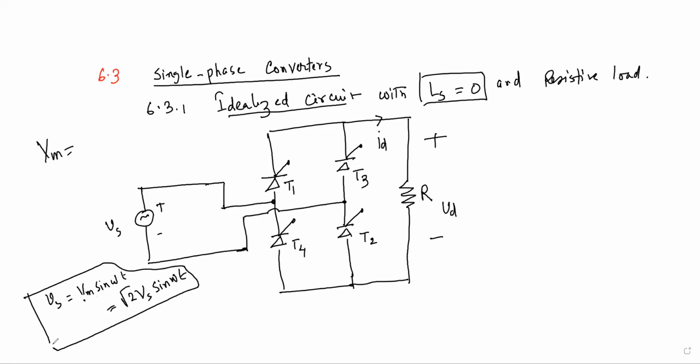So √2 VS. Yes. So what is VS? Sir, VS is the RMS value. In our country for single phase, like at your home, what is the value of your VS? So 220 to 240. Around 230 or something like that. Yes, you must know all these things. So this is your source connection, and this is the ID with your load connection.